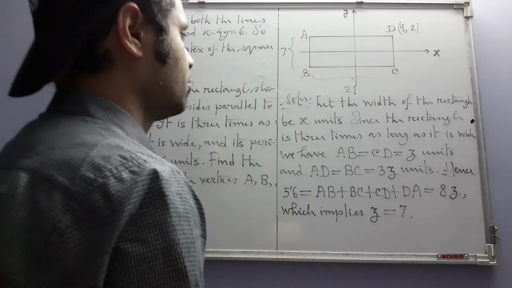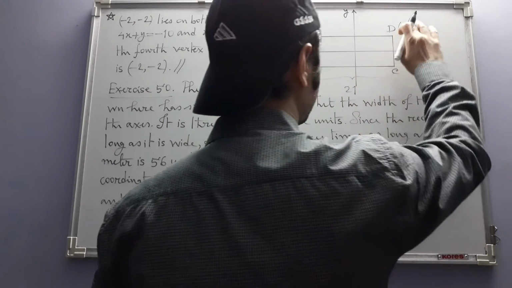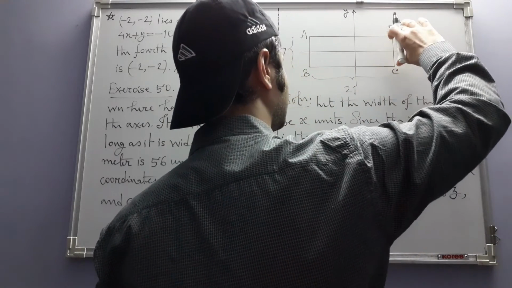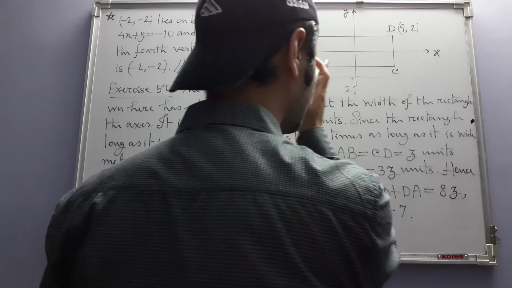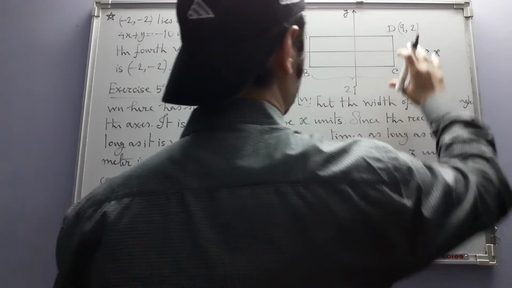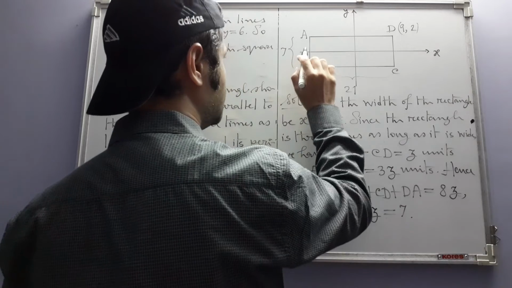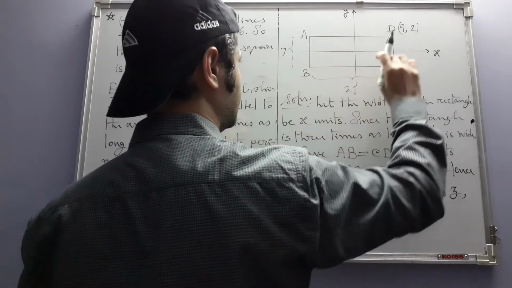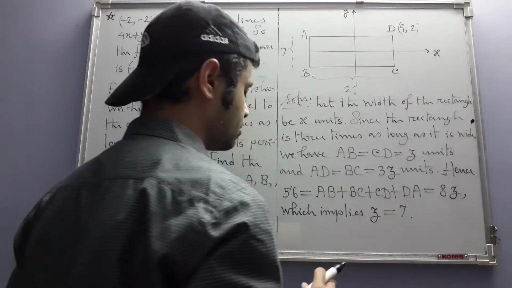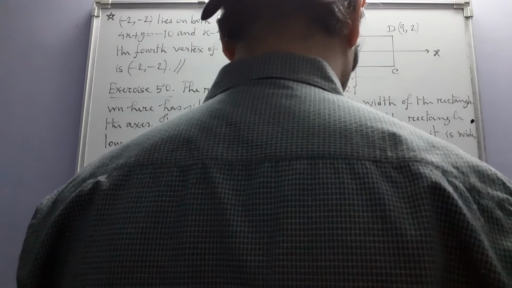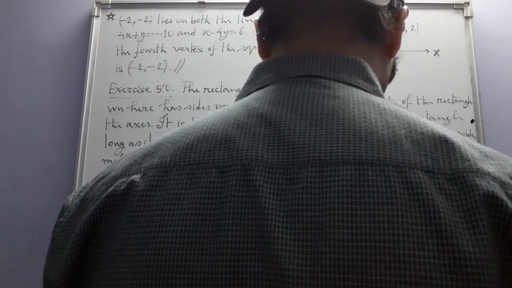Oh, okay, what the hell? I'm confusing this 9 with this height. 9 is the horizontal length, 2 is the height. So that means since this is 7, this much is 5. Okay, now it makes sense. I mistook it for something else.